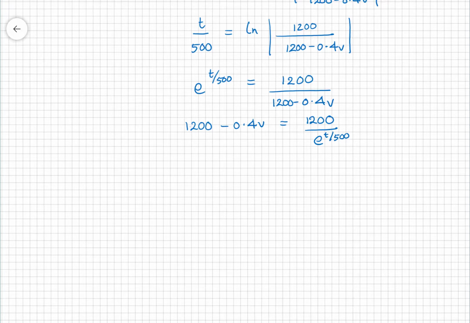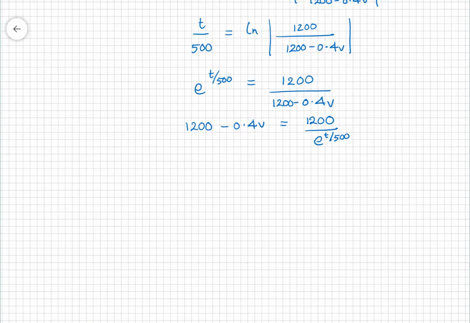And then if I take the minus 0.4v over the other side and then bring the 1200 over e to the t over 500 to the left-hand side, I get 1200 minus 1200 e to the minus t over 500 is equal to 0.4v.